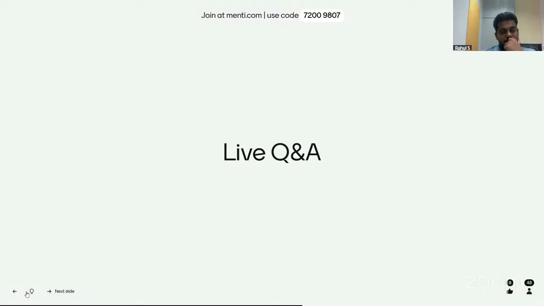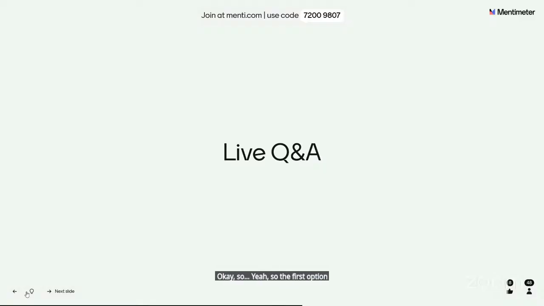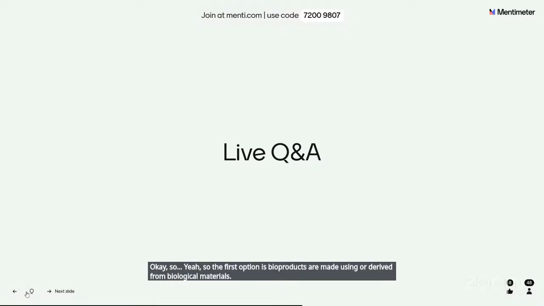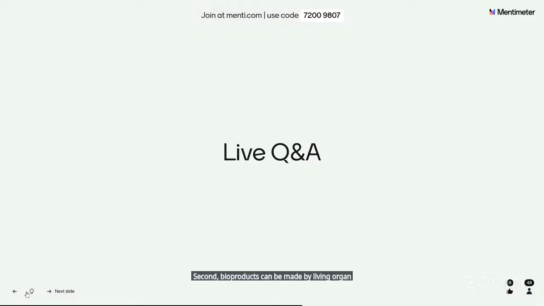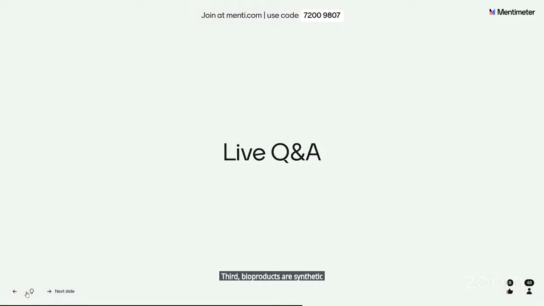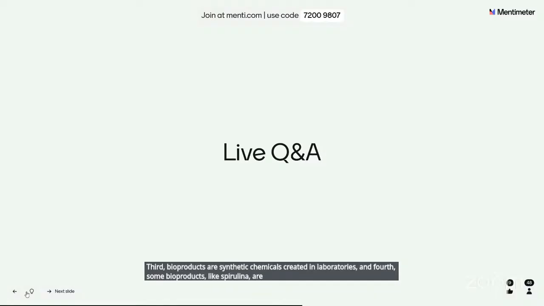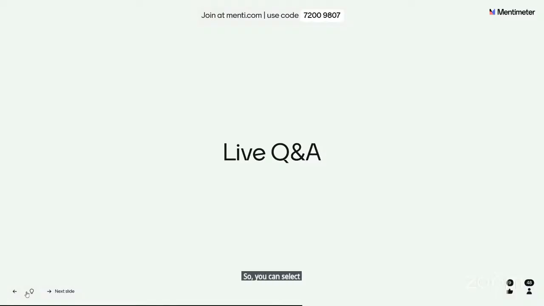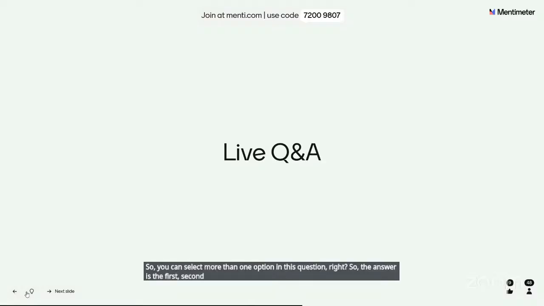The first option is bioproducts are made using or derived from biological materials. Second, bioproducts can be made by living organisms like bacteria, yeast, or algae. Third, bioproducts are synthetic chemicals created in laboratories. And fourth, some bioproducts like spirulina are themselves organisms. So you can select more than one option in this question, right? So the answer is the first, second, and the fourth option.